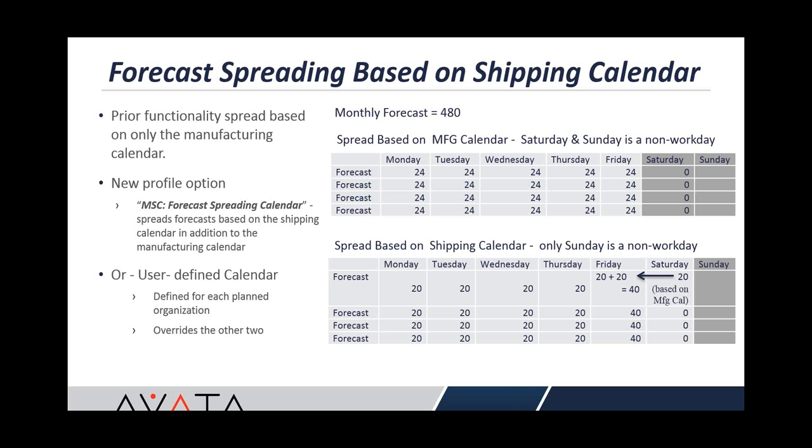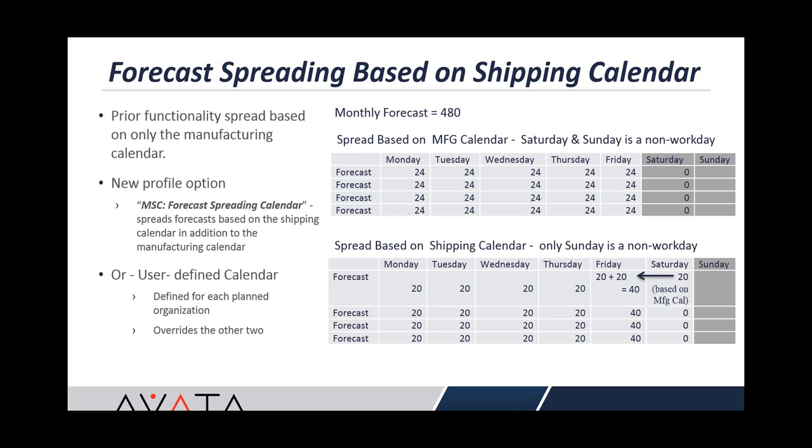If you then said, well, I ship 6 days a week and I want to spread the forecast based on my shipping rather than my manufacturing, it would then break it down to 20 per day. But then it would look at that 20 on Saturday and say, that's not a manufacturing day, so I've got to pull that requirement into Friday. So now from a manufacturing perspective, you've got a plan that's 20 per day, Monday through Thursday, and then 40 on Friday.